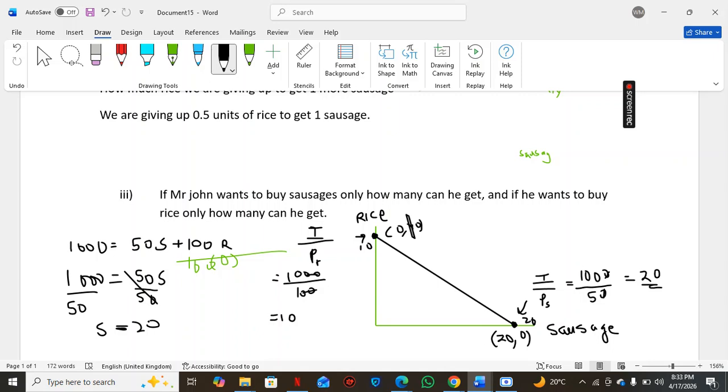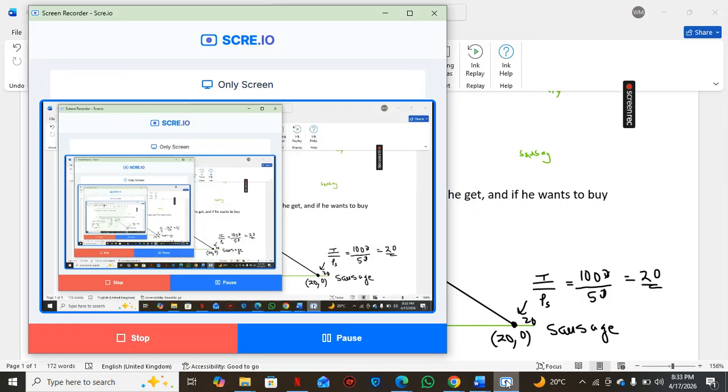You just equate one good to zero, so you can find out how much you can buy of the other good. If it's for rice, you want to find out how much rice you can buy, just equate S, the quantity of sausages, to zero, and you'll find you can buy 10 bags of rice. Any questions, colleagues?